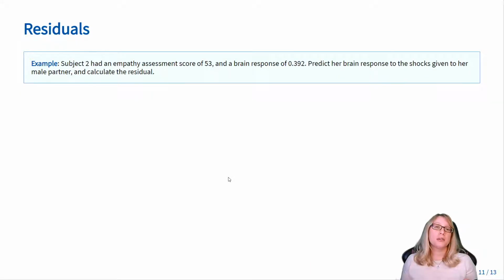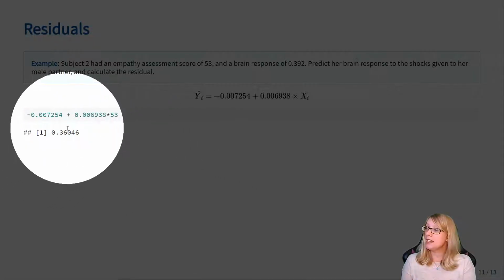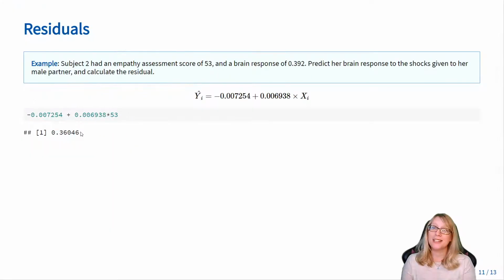So let's take a look at subject 2 in this data set. Subject 2 has an empathy assessment score of 53 and a brain response of 0.392. So let's start by predicting the brain response. We'll plug in 53, our empathy score, for x. Once we do that calculation, and here you can see I've actually done it directly in R, we get a predicted activity of 0.36.